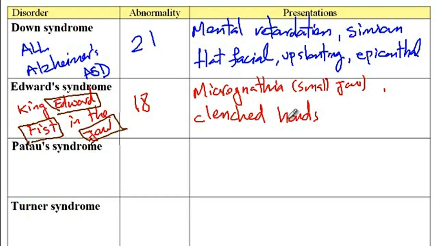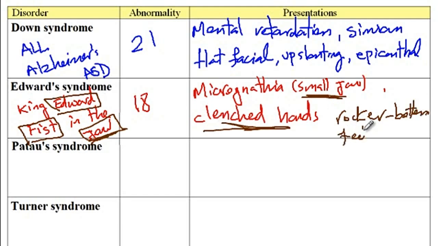So fist stands for clenched hands, and then jaw refers to small jaw that is seen in patients with Edwards syndrome. And then other features that you also see with this disorder is rocker bottom feet, as well as low set ears.